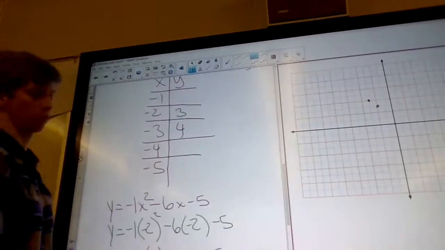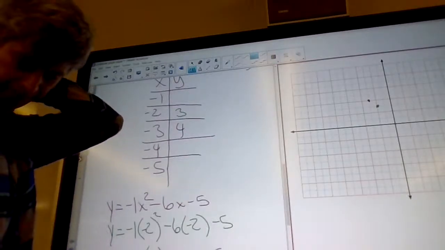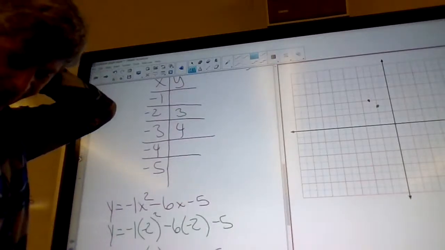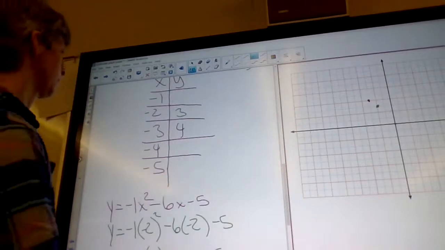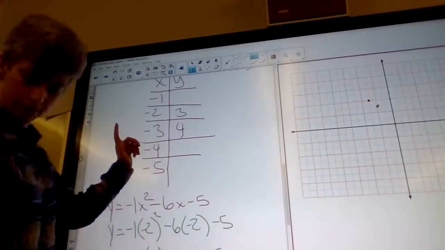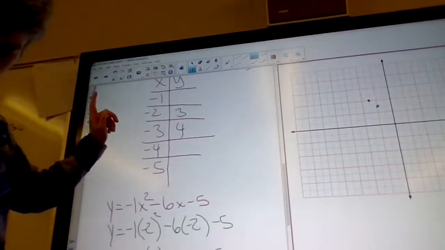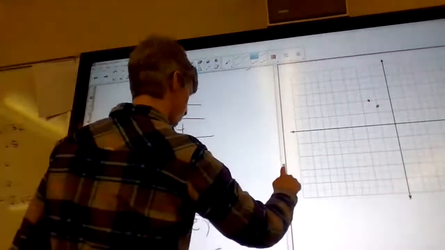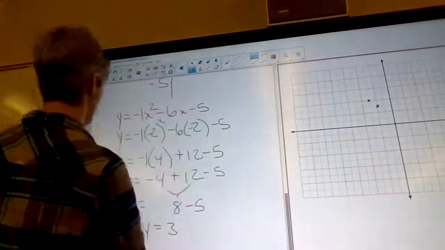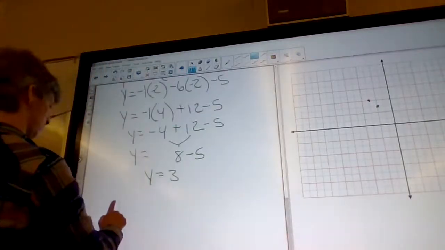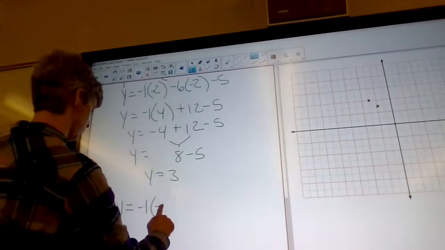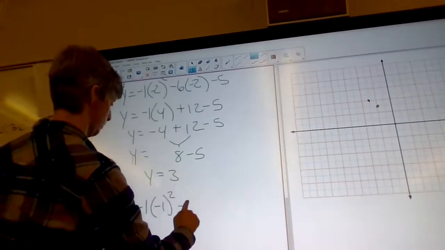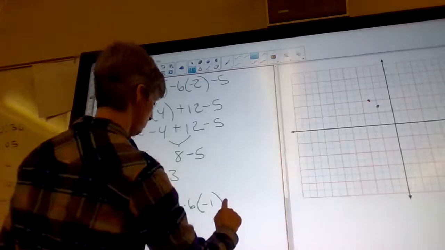Then I do the next one. Let's do negative 1. So y equals negative 1 times negative 1 squared minus 6 times negative 1 minus 5.